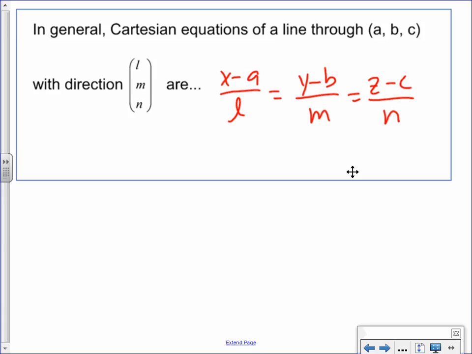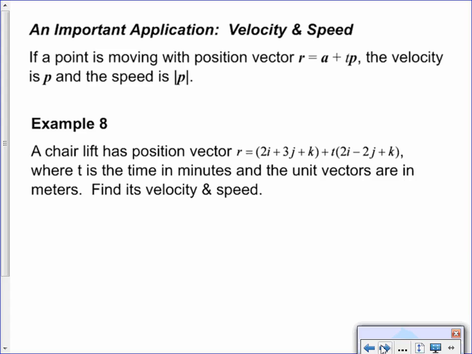And last but not least, the example in the book went over how to derive this, but the moral of the story is when it comes to velocity and speed, the direction vector is the velocity. The direction vector is a slope, so that's the velocity. And then the speed would just be the magnitude of the direction vector.